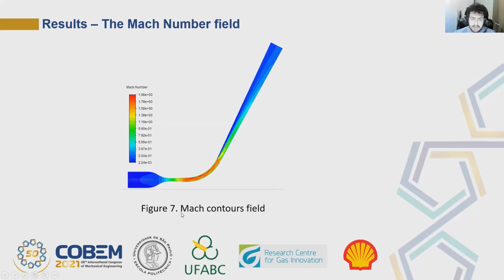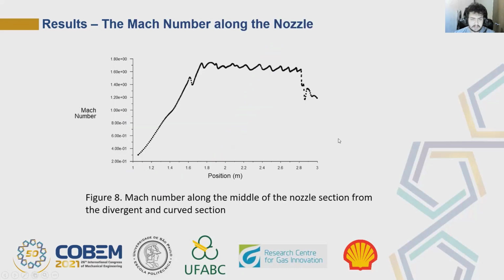So the Mach field, right? At the mean Mach number in the middle of this nozzle, we can reach some 1.7, in the simulation very similar to the straight case, at least.